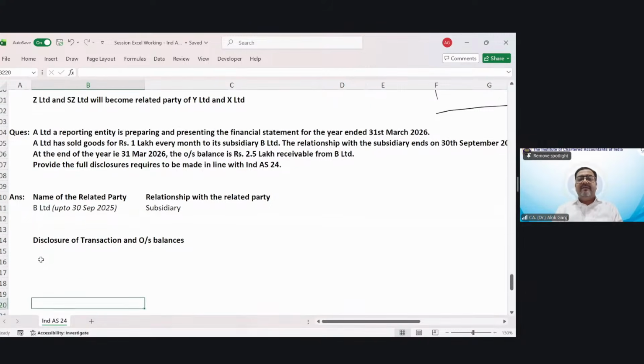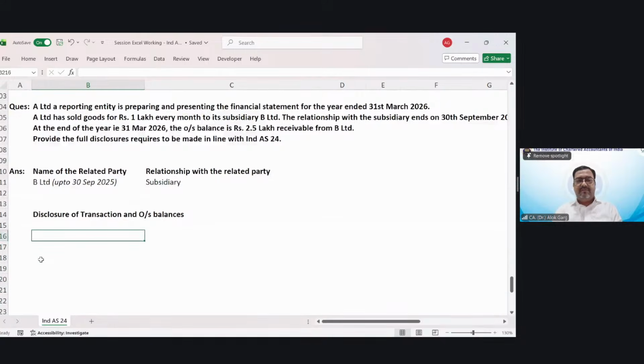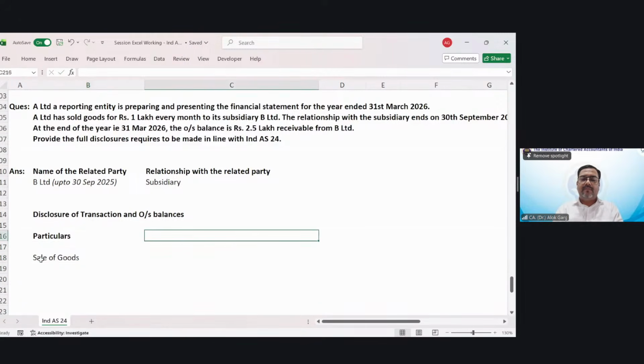Tell me, how should we disclose this transaction? First of all, particulars: sale of goods. The transaction with the subsidiary has to be shown separately.